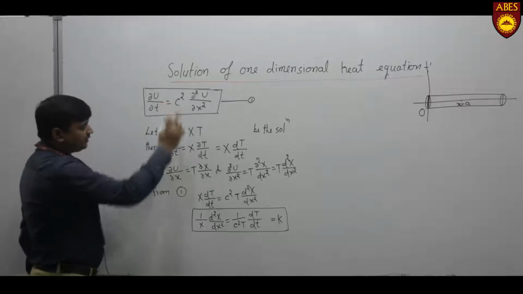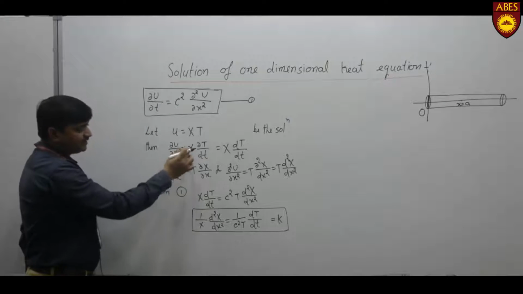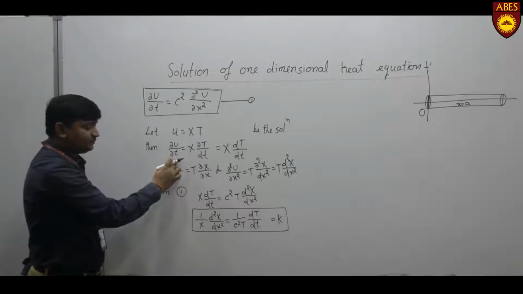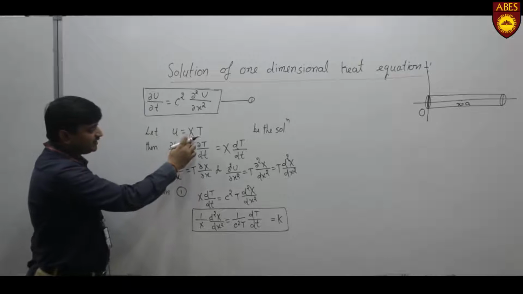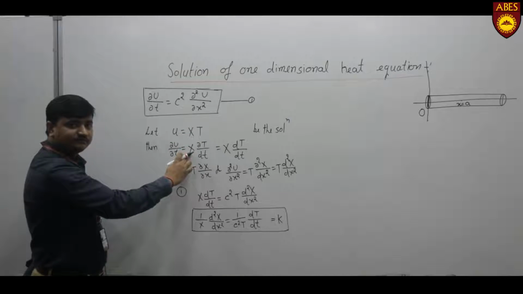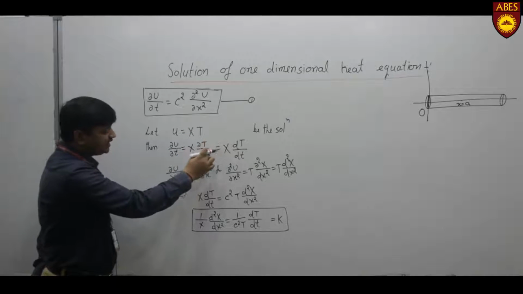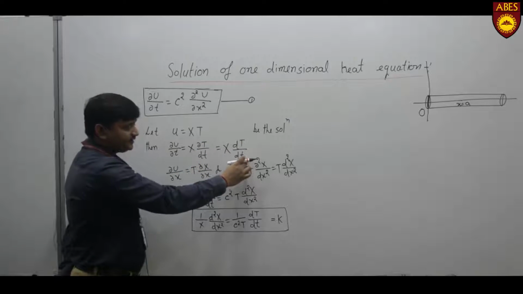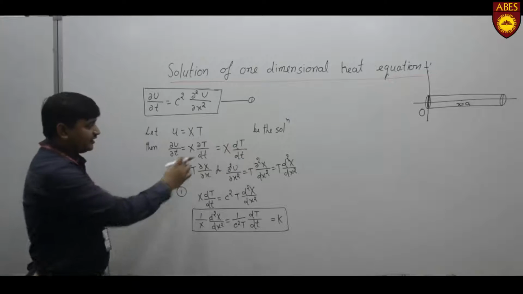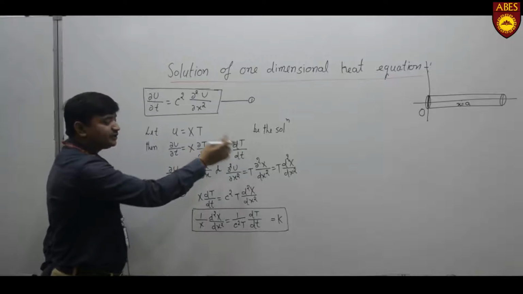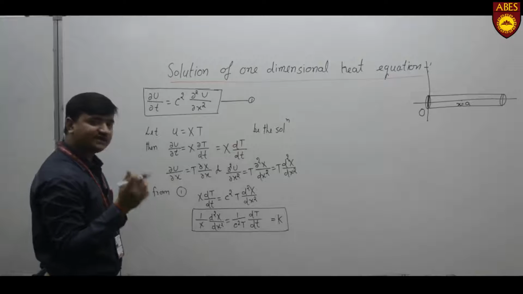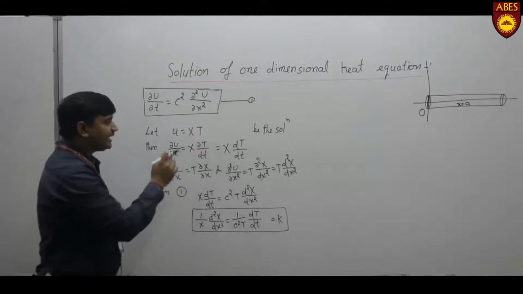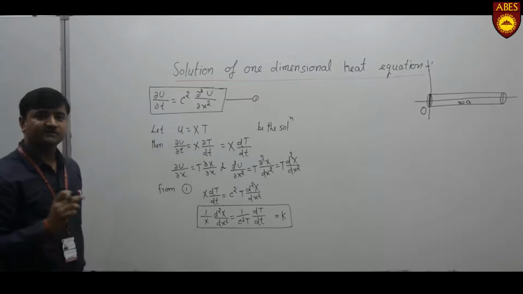Now, if this is the solution, it will satisfy the given differential equation number 1. For that, we are just calculating the value of ∂u/∂t. ∂u/∂t means to differentiate u partially with respect to t, and for that, capital X will be a constant and the differentiation will be with respect to small t, and we get X dT/dt. Here ∂ is converted to d, as it was earlier assumed that capital X is only a function of small x and capital T is only a function of small t.